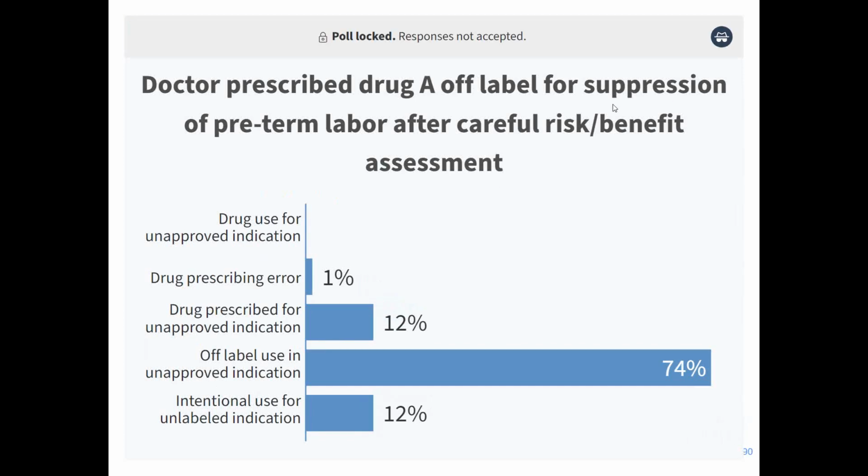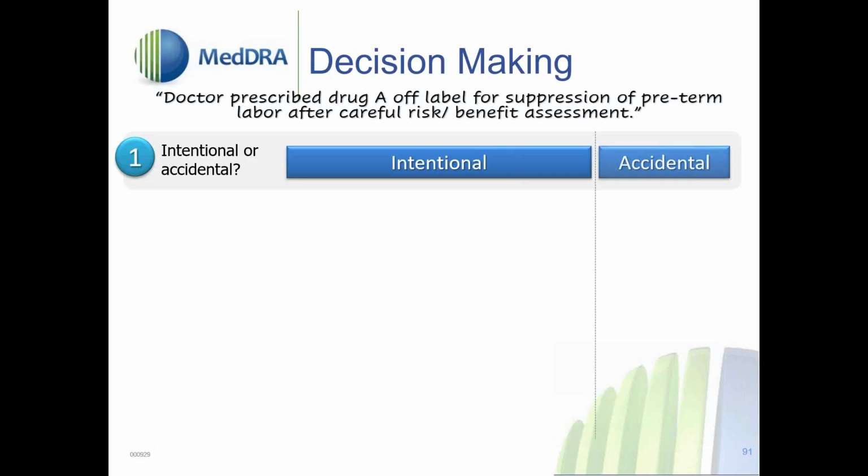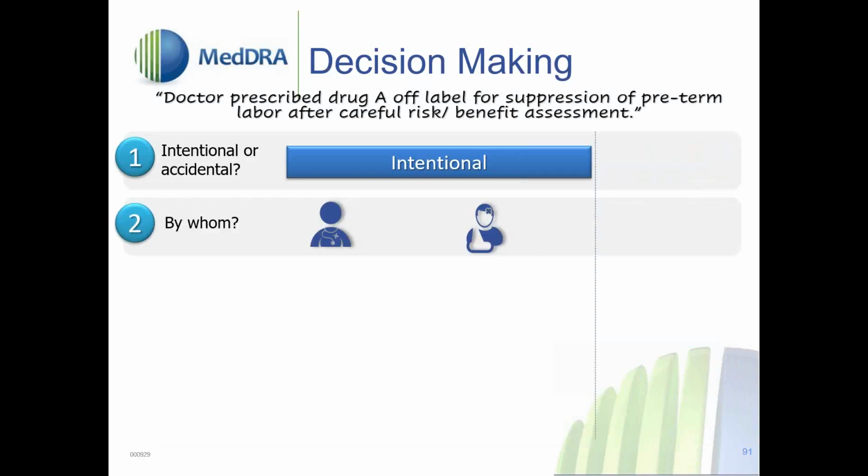Let me close the poll here. And we have the information in the verbatim that it is off-label, so that it's not covered by the label. It's an authorized product in that country, but not for this indication. And that's why off-label use in unapproved indication would be the correct assignment. Here again, our decision chart, we know it's intentional.